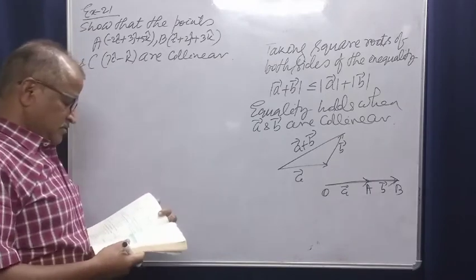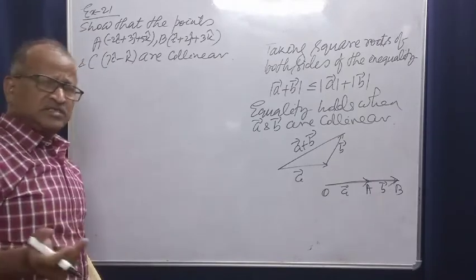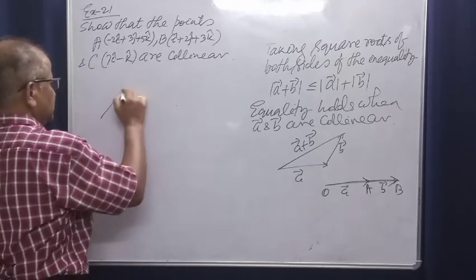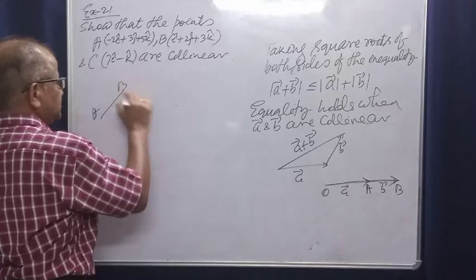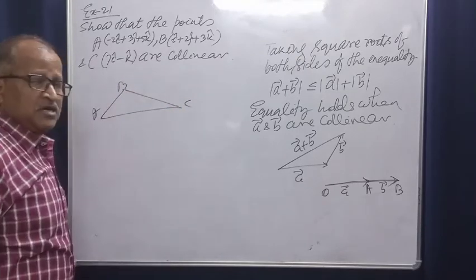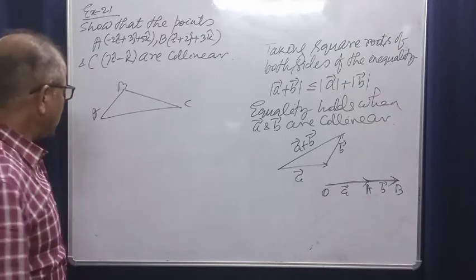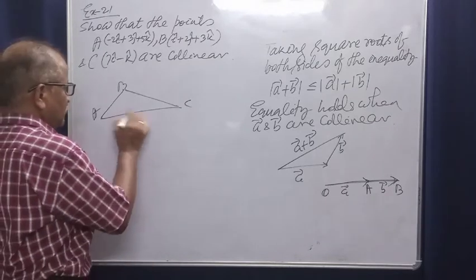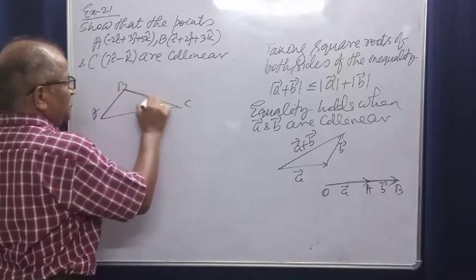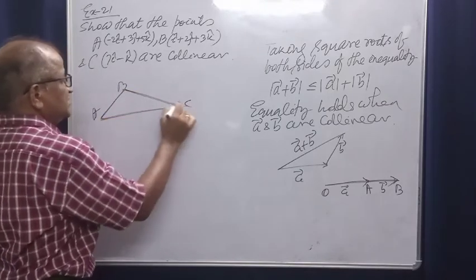Right? Yes, 3 points are there. Suppose you see, if A, B, C are 3 points, they will form a triangle ABC unless they are collinear. If they are not collinear, AB plus BC is greater than AC.